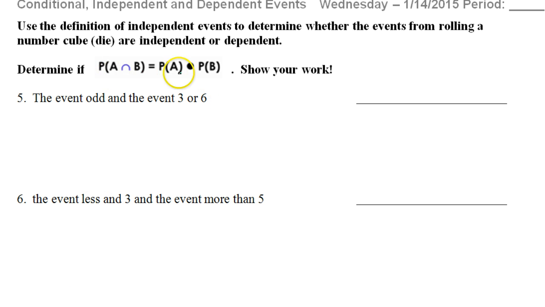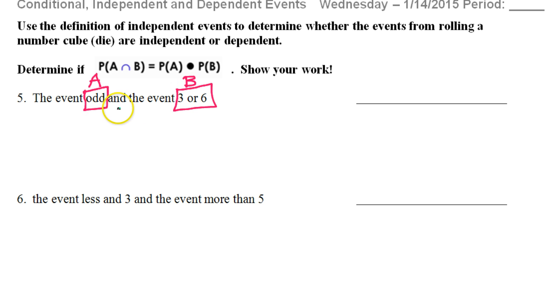Alright, in our formula we have events A and B. So we have two events here. The first event is that we get an odd, and the second event is that we either get a 3 or a 6. Let's call this event A, and let's call this event B.